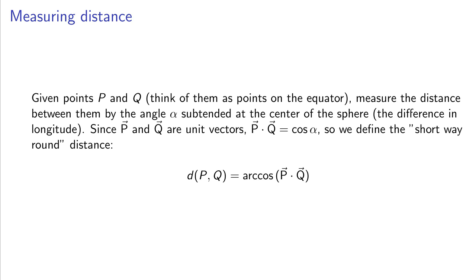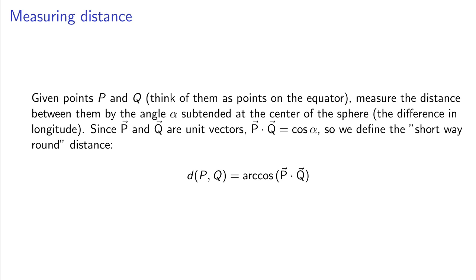We can figure out the distance between points P and Q by exploiting the dot product, which you may have met in a math course, you may have met in a physics course. The dot product of two vectors is the product of their lengths times the cosine of the angle between them.